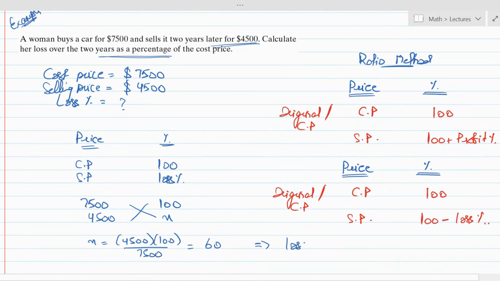So the loss percentage in this case would be 100 minus 60, which is 40%. So always remember, for the percentages, either it's loss or profit percentage to be found, if you are using a selling price, in front of selling price, it's the cumulative profit or the cumulative loss percentage. And if you have to find the actual net profit or the loss percentage, you add or subtract to 100. Okay, so 40% was the loss she incurred.